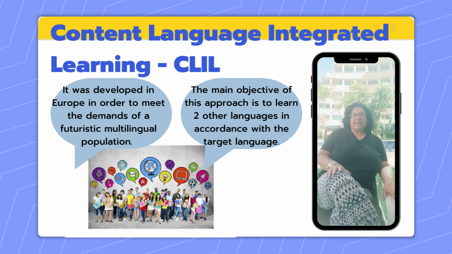For example, in this approach, children in primary school are learning not only their target language, but they're learning two languages besides their mother tongue. So in this case, they're learning three languages together at the same time, integrated with all their other subjects.